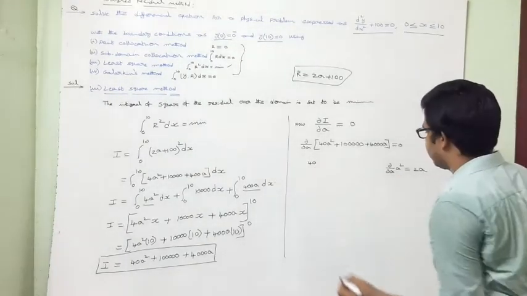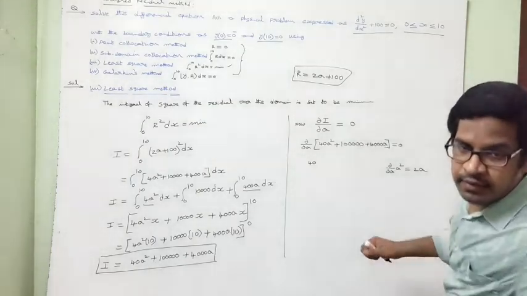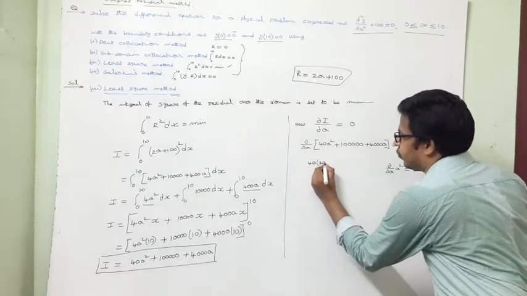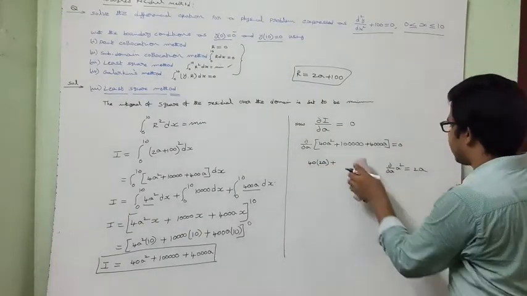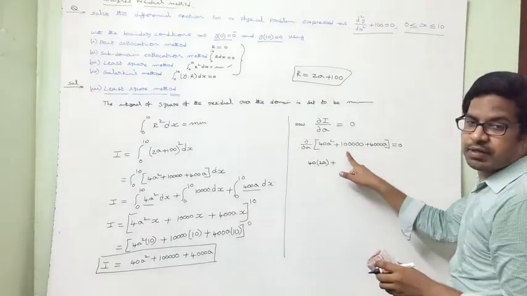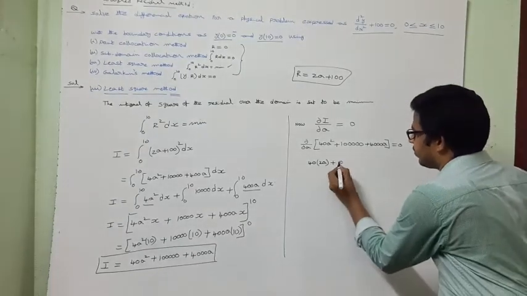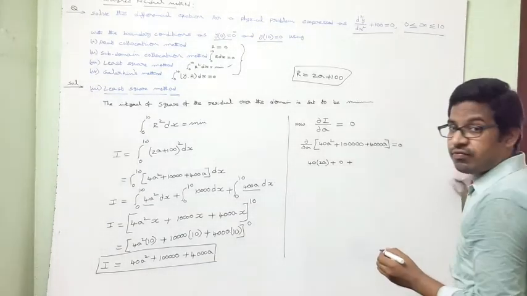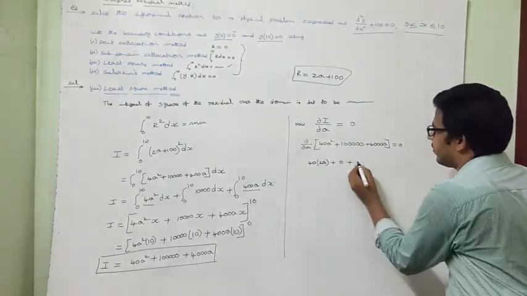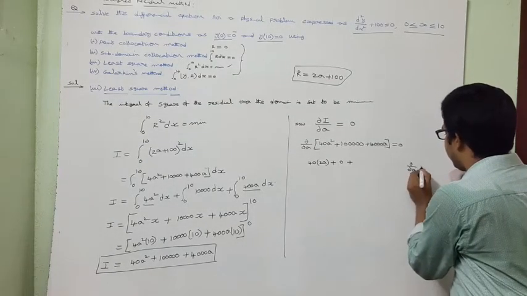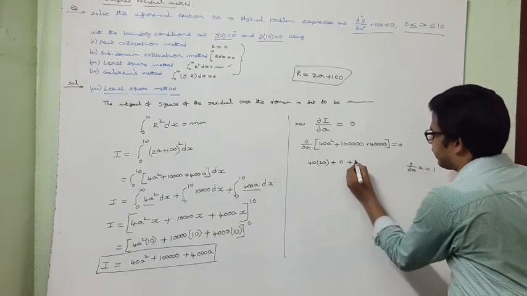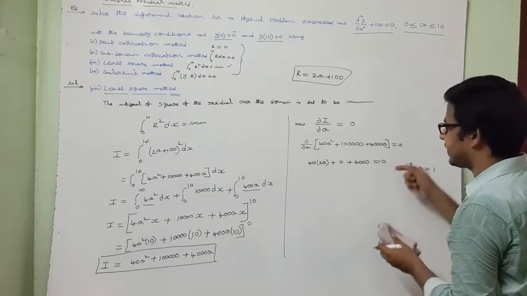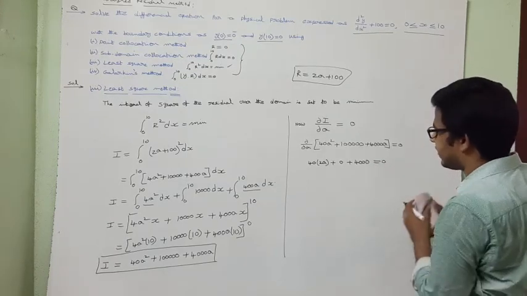So that means 40 into 2a, plus the constant term, which we can neglect as 0, plus 4000 into dou by dou a of a, which is equal to 1, that is 4000, is equal to 0.